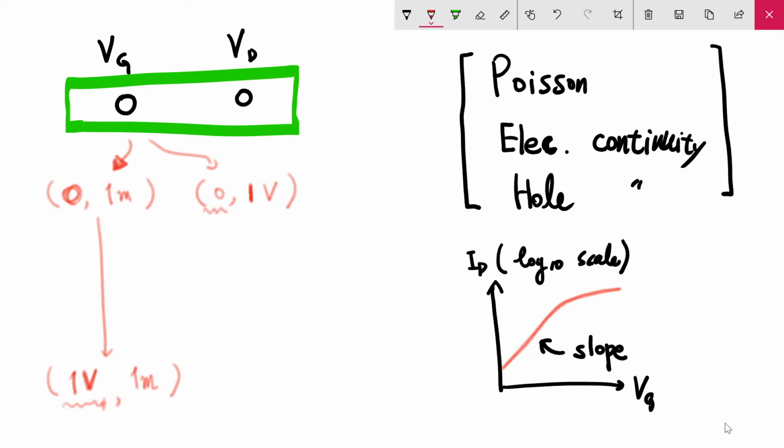So the increase of your drain current will be quite small. But anyway, it's okay. After that, just like before, increase your gate bias up to 1 volt. Then finally you will get the current at gate equal to 1 volt and drain equal to 1 volt.